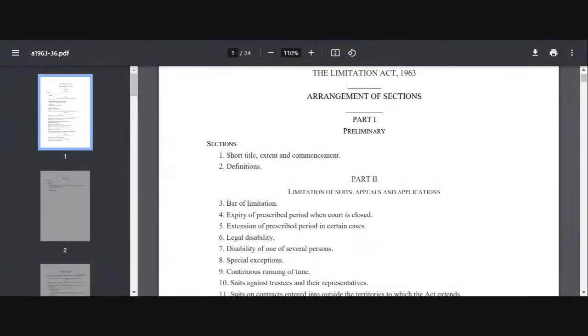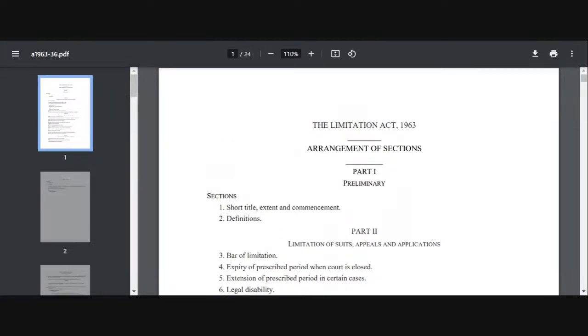If not, please open your Bare Acts also, for a better and convenient method to understand whatever I'm trying to teach here. Has everyone opened their Bare Act, or can everyone see my screen? Those who don't have the Bare Act with them right now can see my screen. And those who have the Bare Act, please open the contents part.